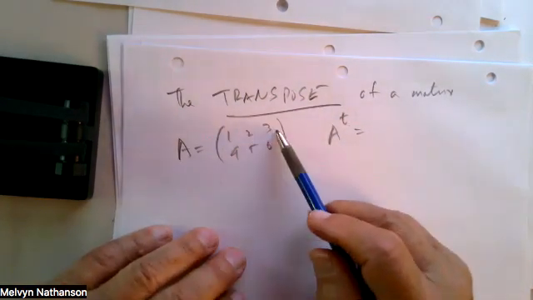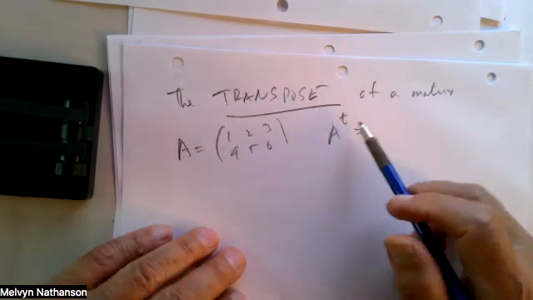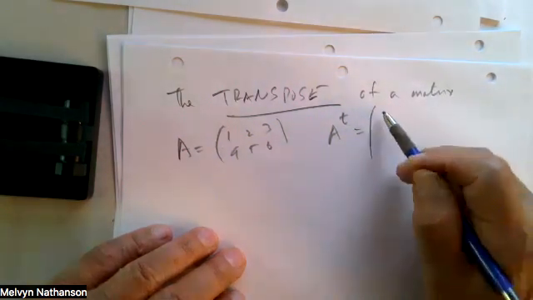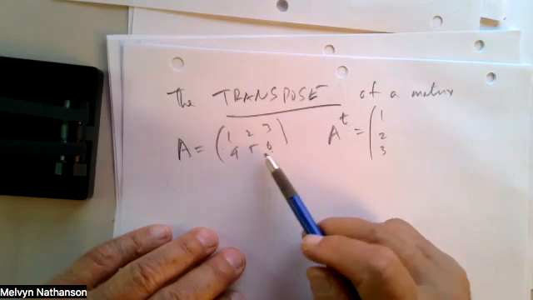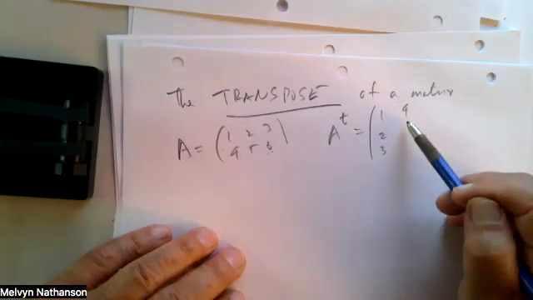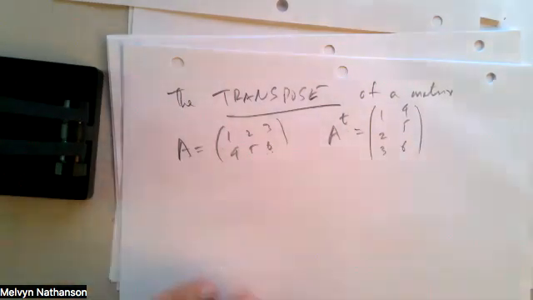In this matrix, the first row is 1, 2, 3, so in the transpose, the first column is 1, 2, 3. The second row is 4, 5, 6, so the second column is 4, 5, 6. Right. That's the transpose of a matrix.